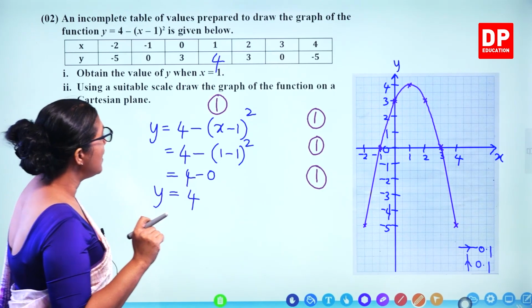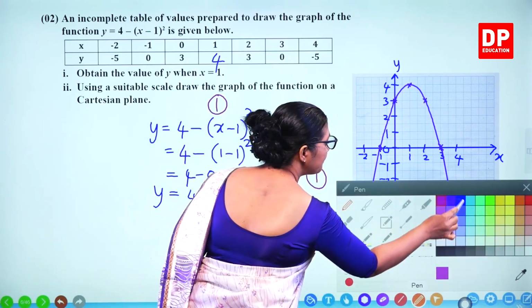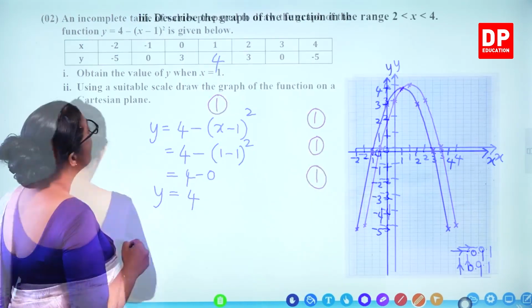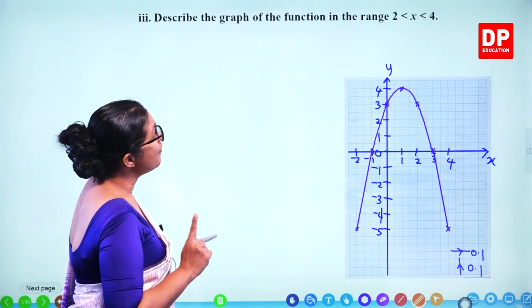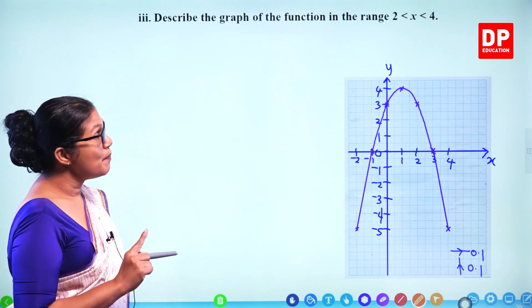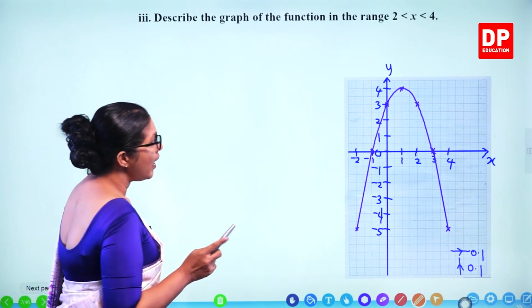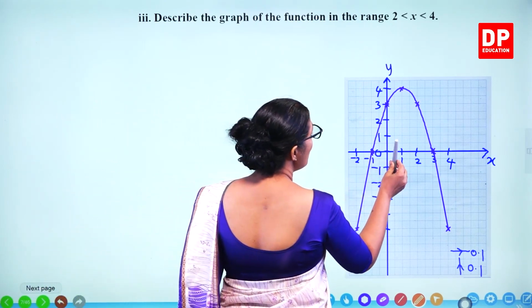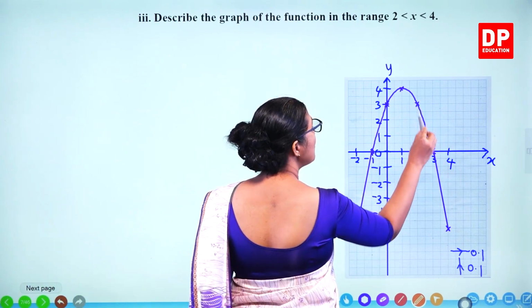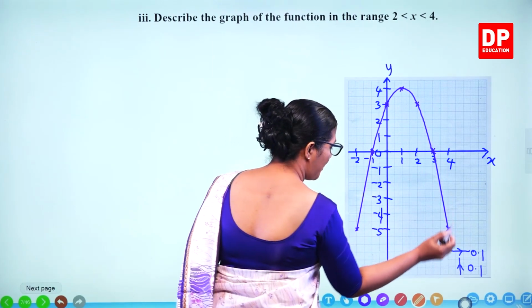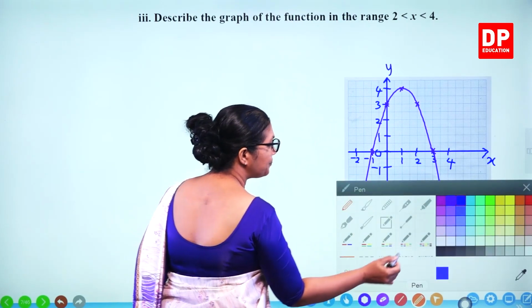So let's do the next one. Describe the graph of the function in the range x in between 2 to 4. So you have to describe the graph here to here. So how do we do that?